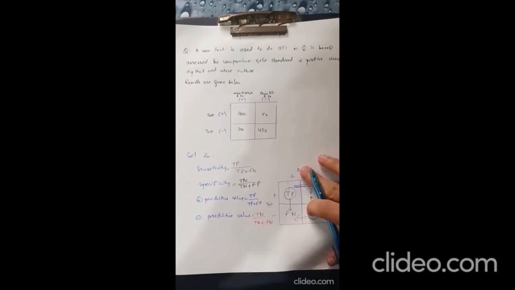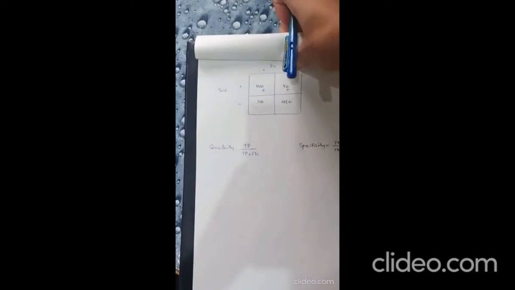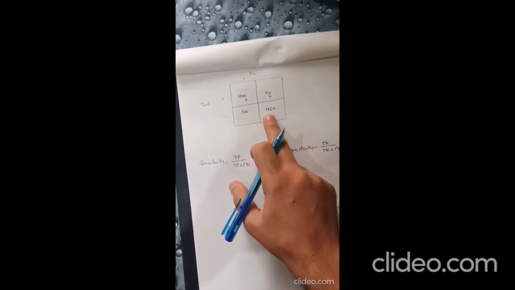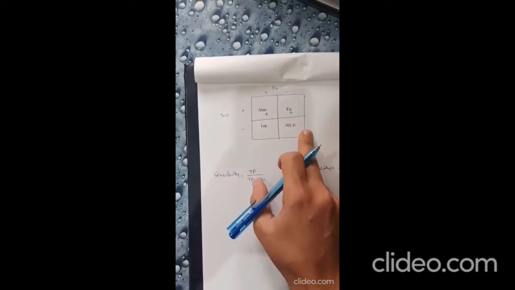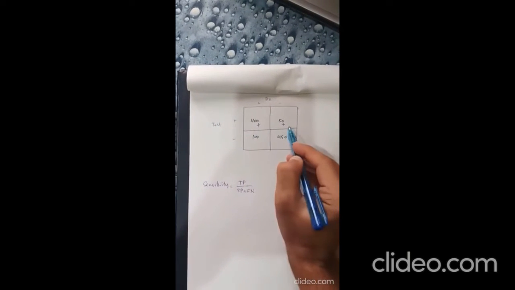Now let's put in some numbers and calculate sensitivity, specificity and positive and negative predictive value. So I have a pre-made 2x2 table, and let's put in the values so that we can solve this. If the test is positive, this whole row is positive.